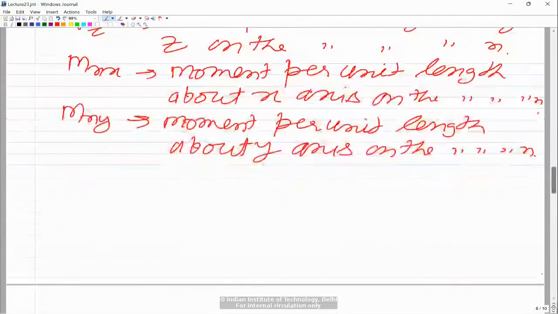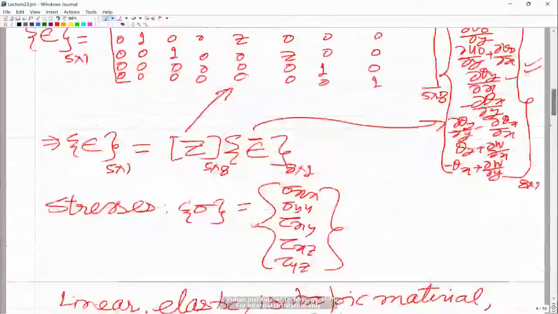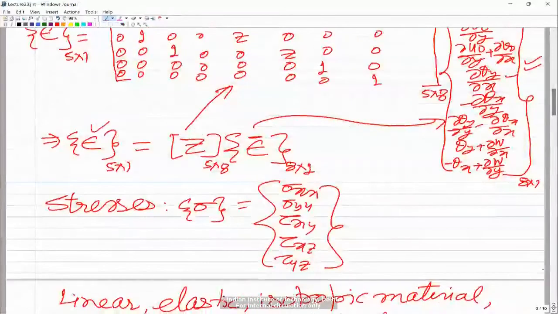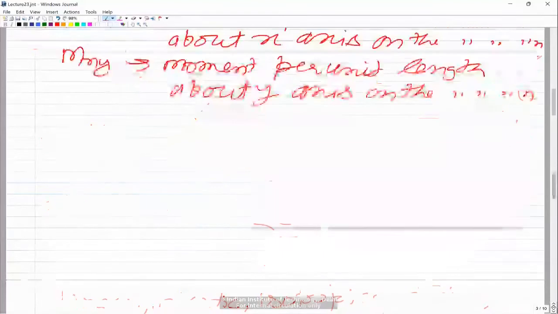And now one more thing we have seen is that we want to separate out the thickness integration. Here we have written the strain epsilon as a matrix involving the z coordinate, this matrix Z, and epsilon bar. So I want to write that and then carry out the thickness integration explicitly.